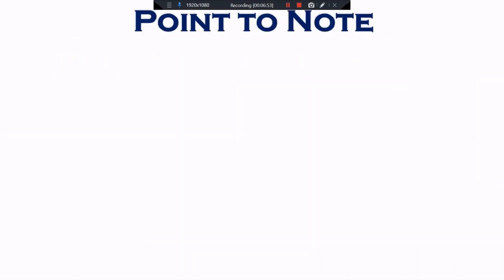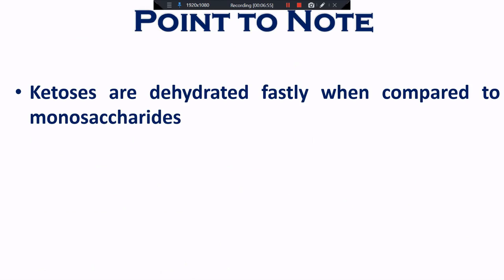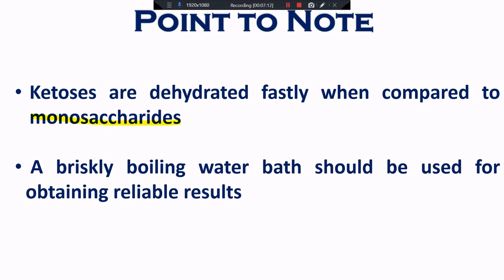There are some points to remember. Ketoses are dehydrated faster compared to aldoses, especially aldohexose. A brisk boiling water bath should be used to obtain a reliable result.